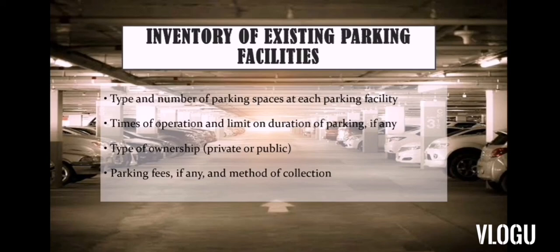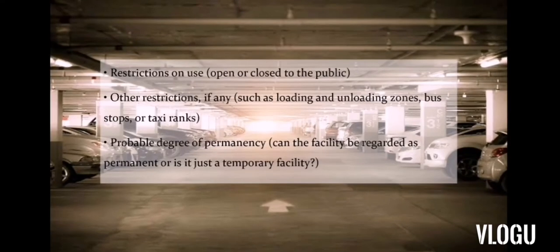The relevant characteristics usually listed include the following: type and number of parking spaces at each parking facility, times of operation and limit on duration of parking, if any, type of ownership, private or public, parking fees, if any, and method of collection, restrictions on use, open or closed to the public, other restrictions, if any, such as loading and unloading zones, bus stops or taxi ranks, and probable degree of permanency.